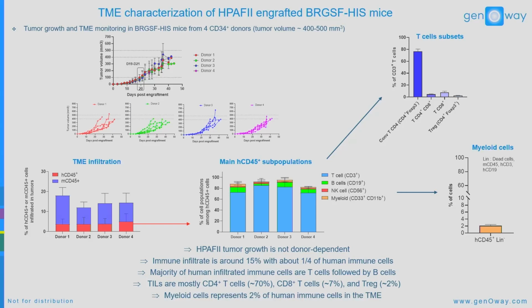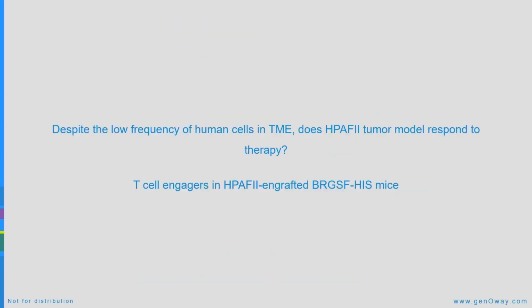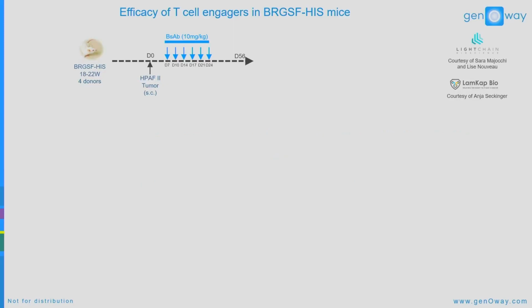This HPAF2 model was used to assess some T-cell engagers, because we had a lot of T cells present, although frequency-wise and count-wise they were low compared to the mouse cells. Mice were engrafted with HPAF2 and then treated with a bispecific targeting CD3-TAA, or CD3-TAA in combination with the CD28-TAA.